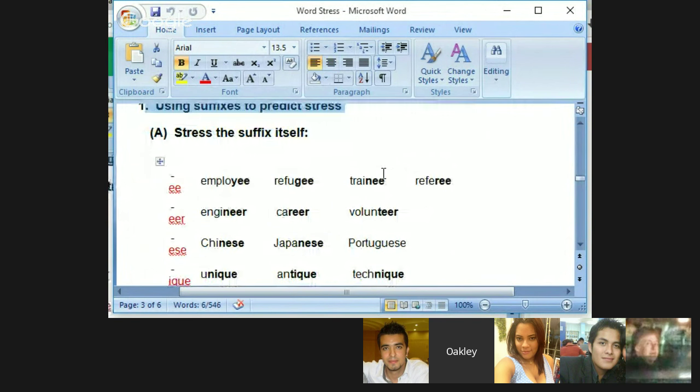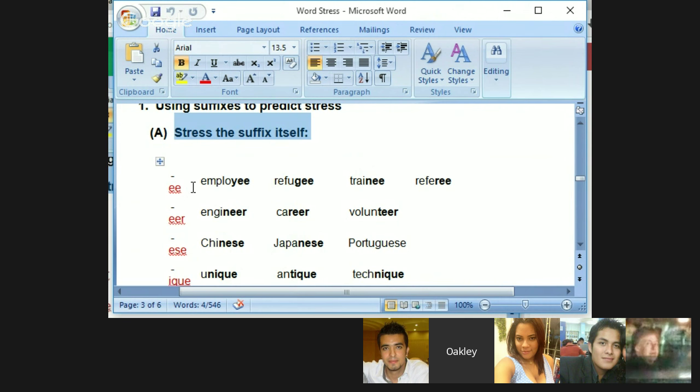For example, this first group we're going to look at, you actually stress the suffix itself. Here's a group of them. Notice words that end with these suffixes: ee, eer, ese, ique, which sounds like eek.